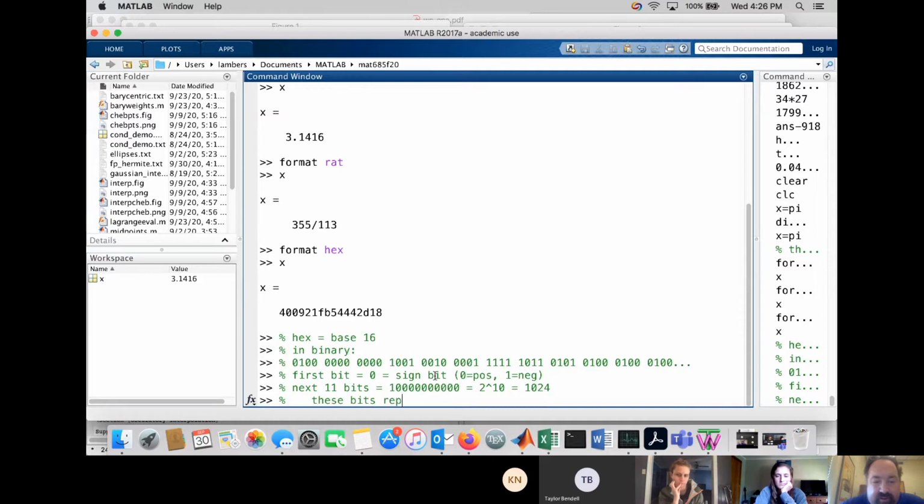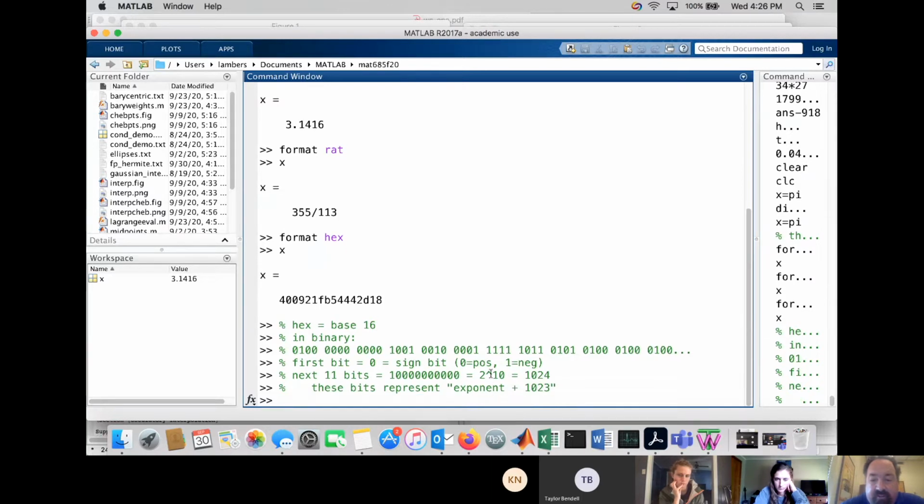These bits represent the exponent plus 1,023. So in other words, you take whatever number is represented here, you subtract 1,023, and that's the exponent. So your floating point number is equal to (-1) to the sign bit times m, which is a mantissa of significant digits, times 2 to the e.